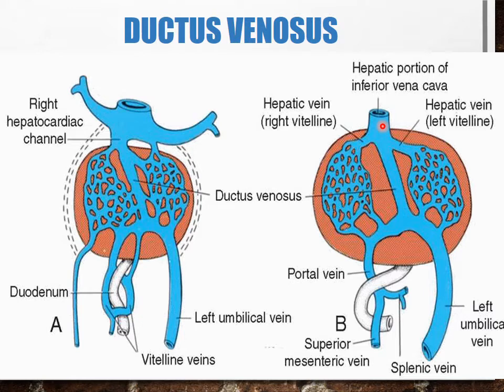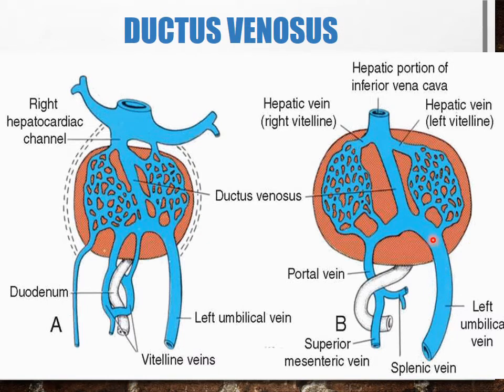After birth, the ductus venosus is going to be represented as a remnant, the ligamentum venosum, and the left umbilical vein gives rise to the ligamentum teres hepatis.